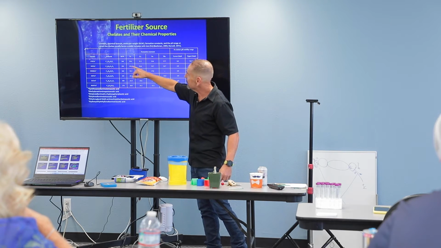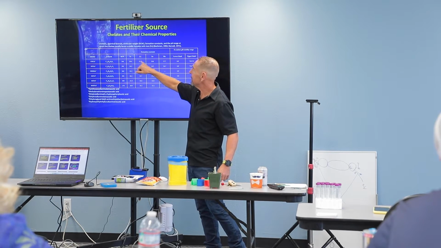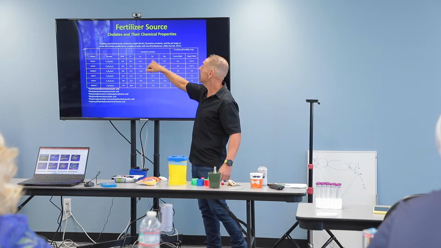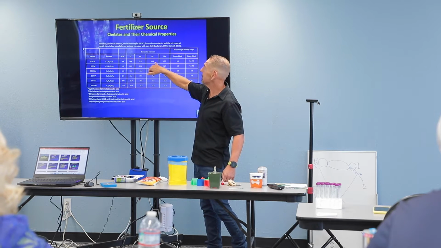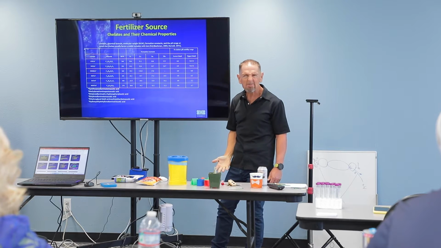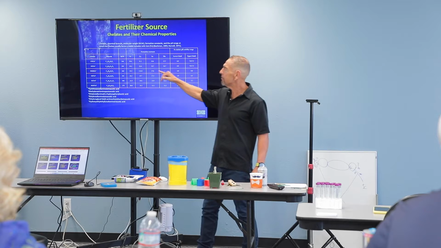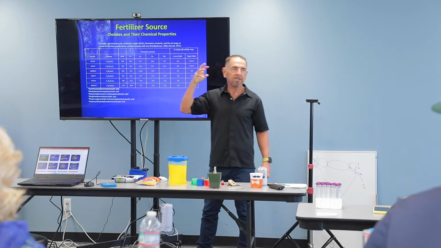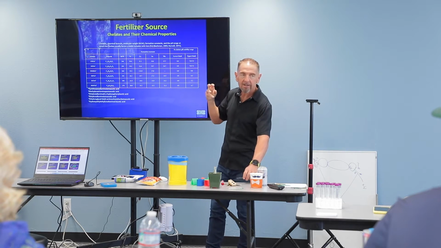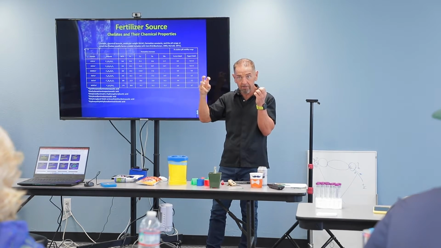So for CDTA, the formation constant for iron is 29, for copper it's 22, for zinc it's 19, 20, and for manganese it's 17. So what does that mean? So what that means is if you have a chelate that's made with CDTA and it has iron in it, okay, and the plant takes up the iron, so you still have this chelate that's functional, okay?